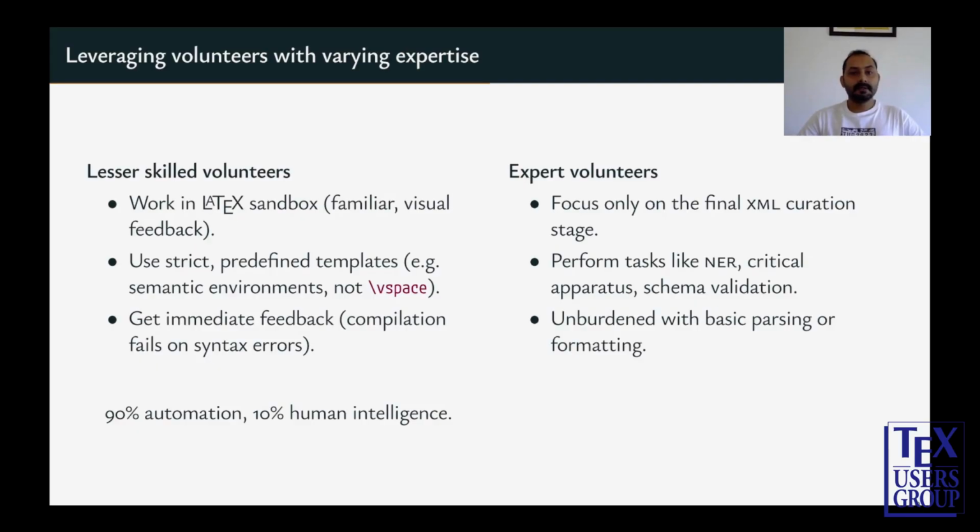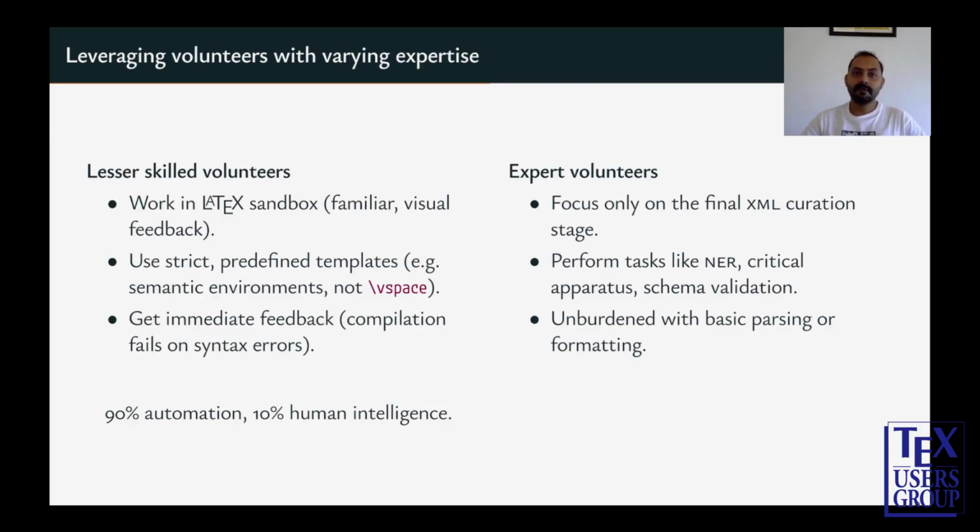And using TeX, the sources are compiled into HTML from which they can get immediate visual feedback and correct the sources if necessary. This process is repeated until the generated HTML is satisfactory and correct. Once that HTML is created, the scarce expert volunteers can focus on the XML generation part and fix any errors.